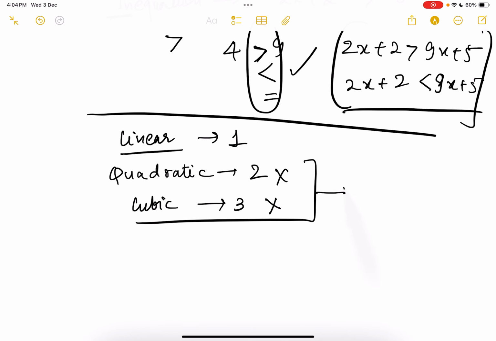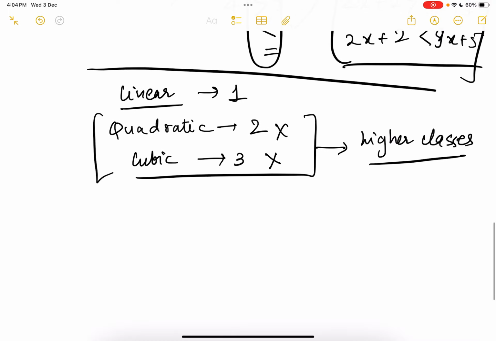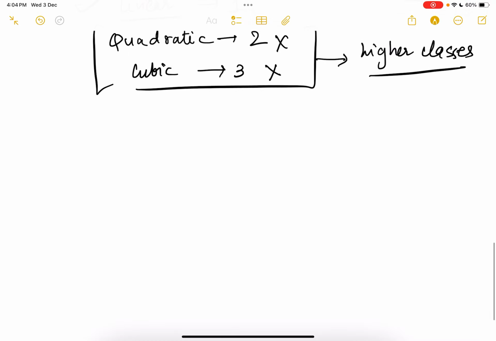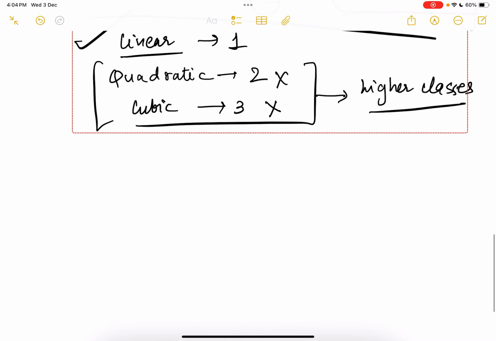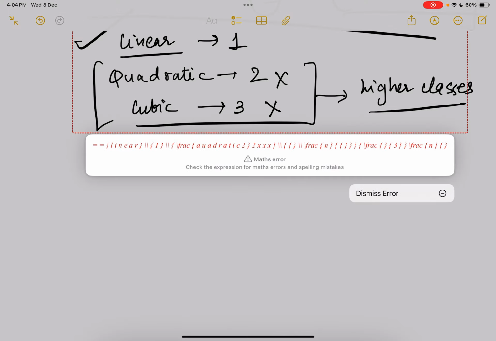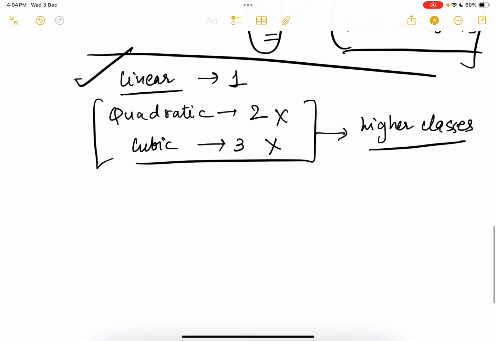We will do quadratic and cubic in higher classes. These equations also exist, but we are not going to do them right now. Right now we are concerned only about linear equations. So linear means the power is 1.